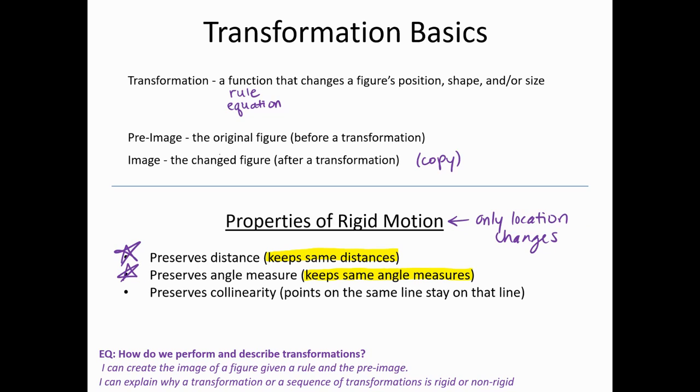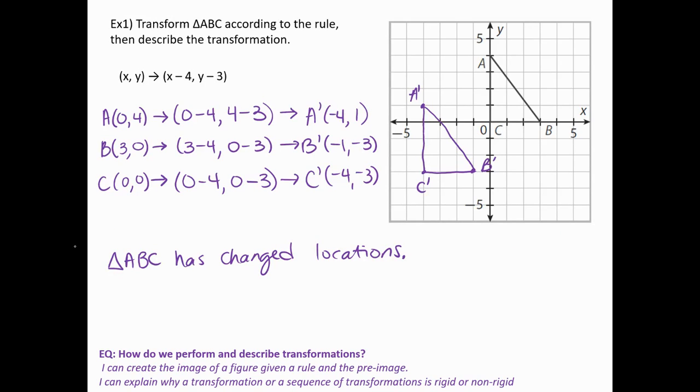We do not change the size or the shape. If you change the size or the shape, that's a different kind of transformation. That's called a non-rigid motion. So rigid motion is only going to change the location. So this one would be rigid motion.